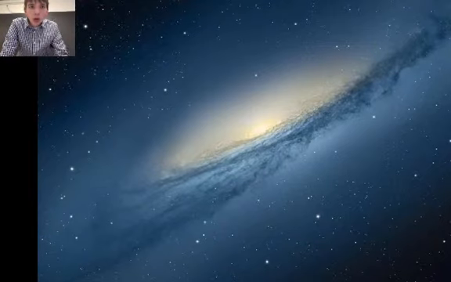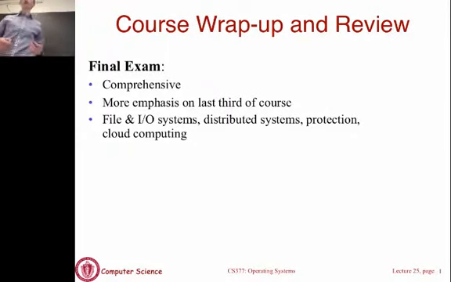All right, so that pretty much wraps up our last topic. I wanted to spend the rest of the time today doing a high-level wrap-up of what we've covered in the course. Hopefully these things are quite familiar, and anything that's not familiar you should probably go back and review. First, briefly about the final exam.